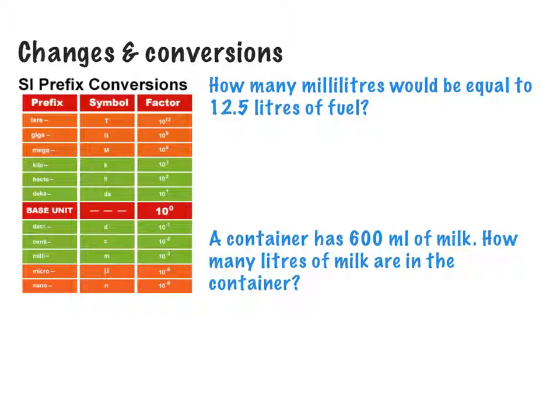The last one, let's deal with some volumes. Same sort of idea. I want to go from litres, which is here, to millilitres. So I've got a factor of 10 times 10 times 10, or 1000. So I want to do litres to ml. Because I'm going big to small, I multiply by 1000, or decimal point 3 right.